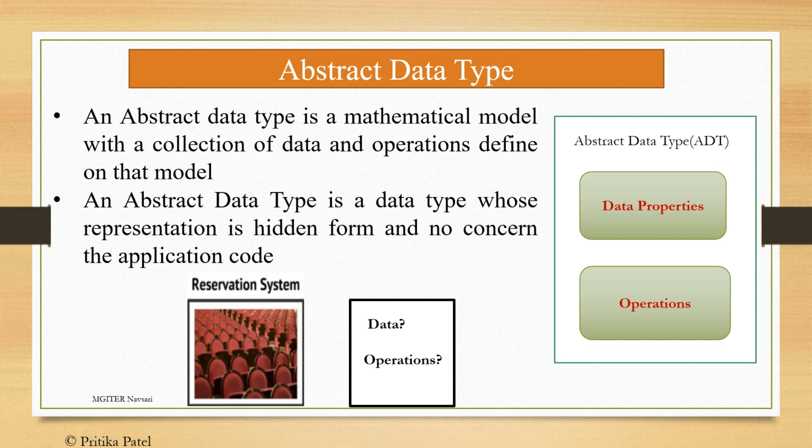In this system, we can book or reserve our seat, determine available seats, cancel a reservation, etc. But we don't know what actual data and operations are performed behind this system, and that is called abstract data type. So it is just like black box testing.